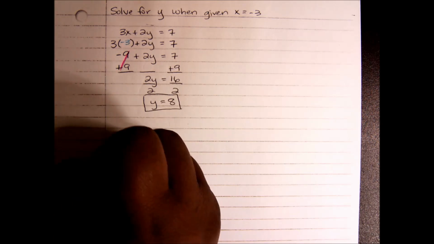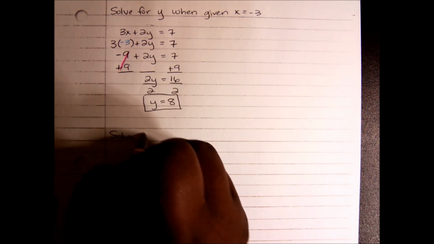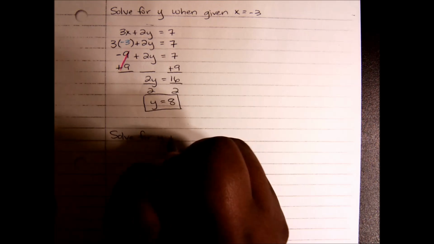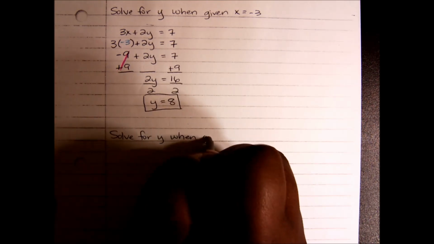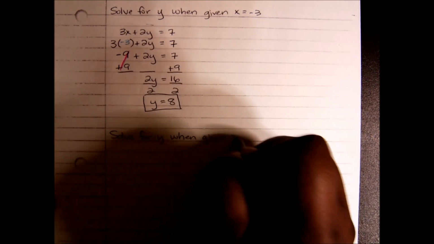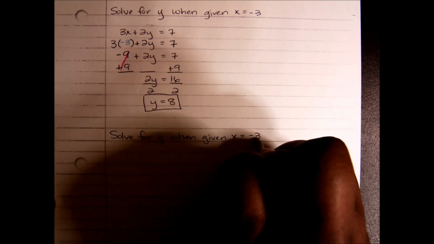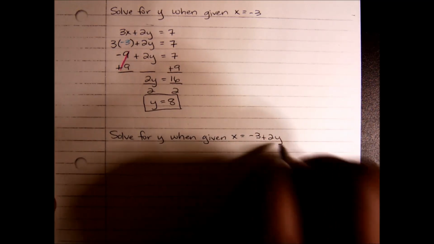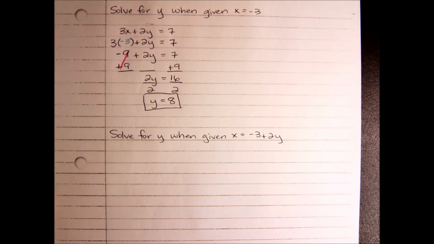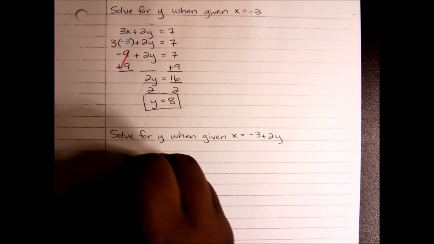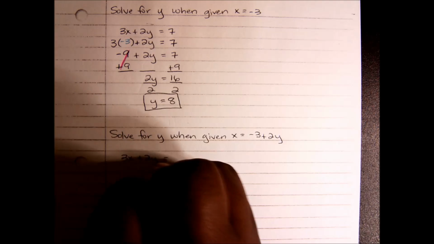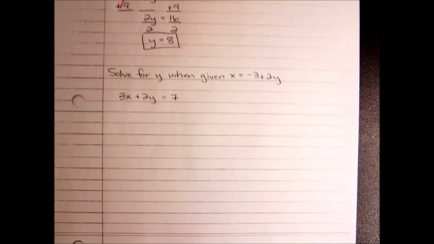So here we're going to solve for y when given x equals negative 3 plus 2y. Again, we're going to use the same equation. So I'm going to move it up a little bit.